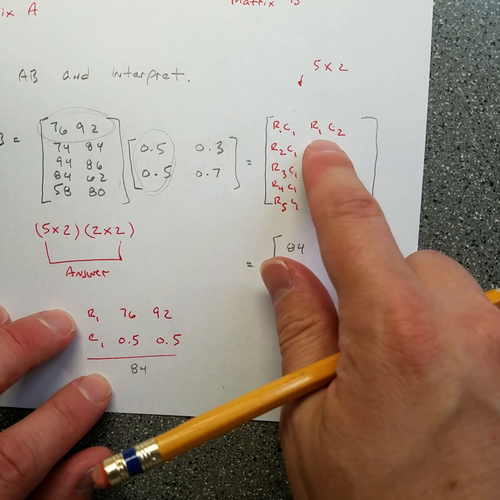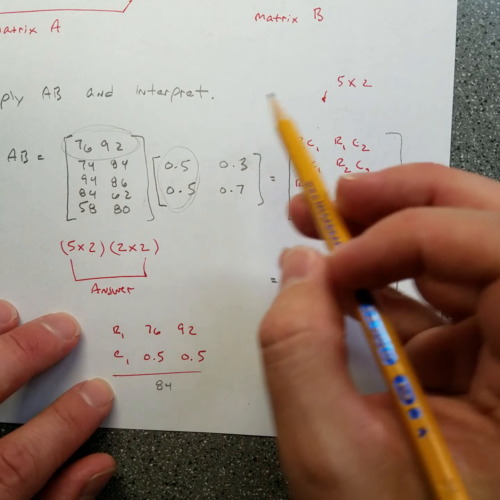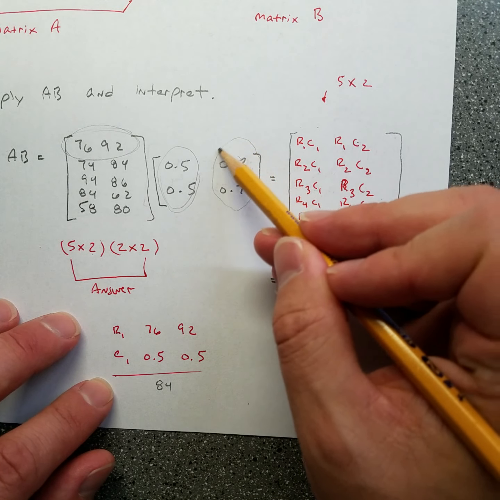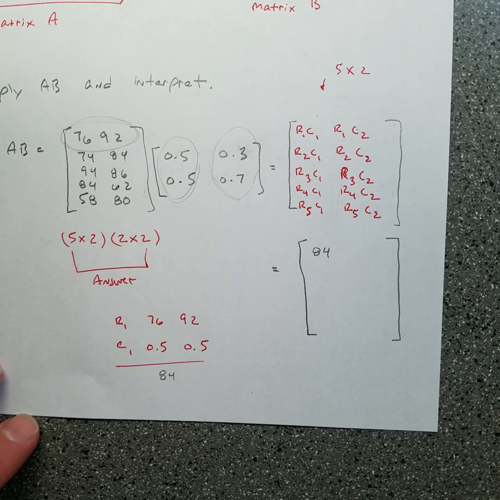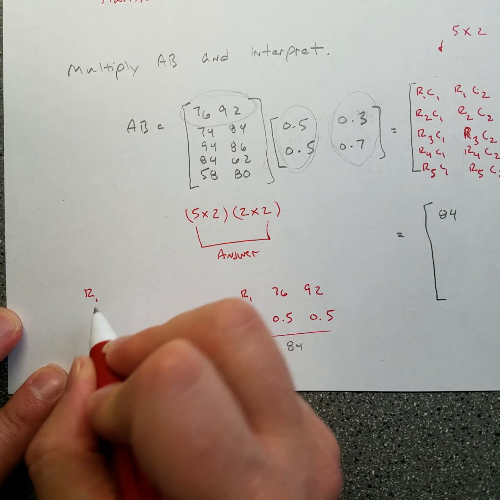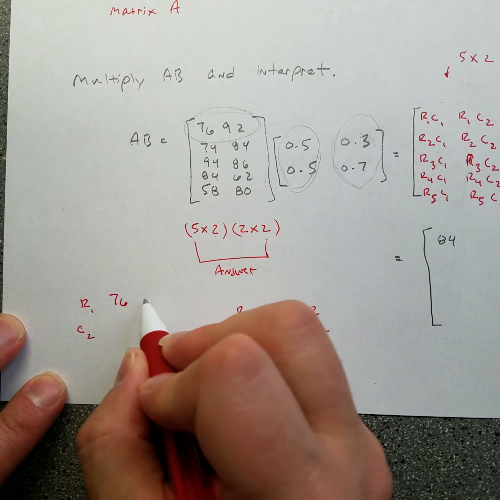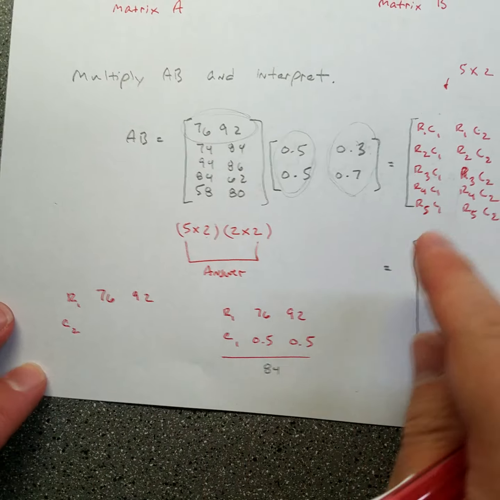And let's do this other one, R1 times C2. What's that mean? Row 1 of the first matrix times column 2 of the second one. Okay, so let's do scratch work over here. R1, C2. So R1 is 76 and 92.